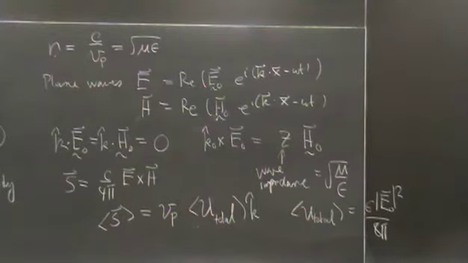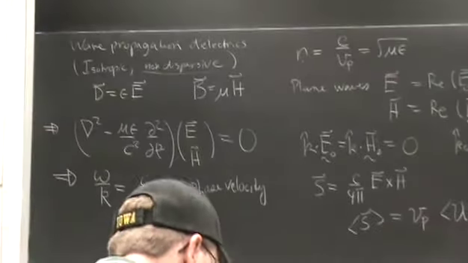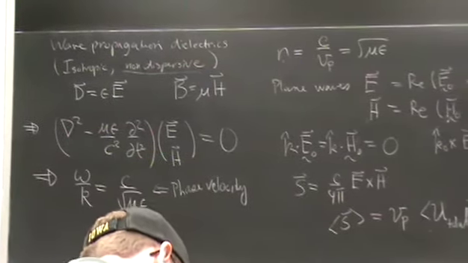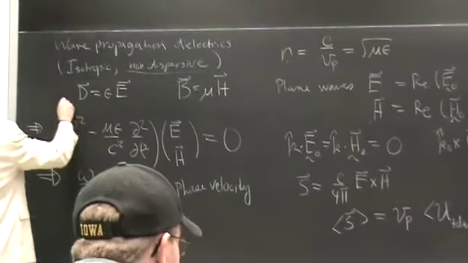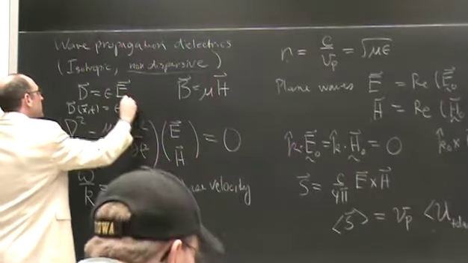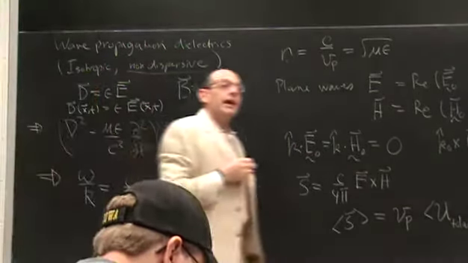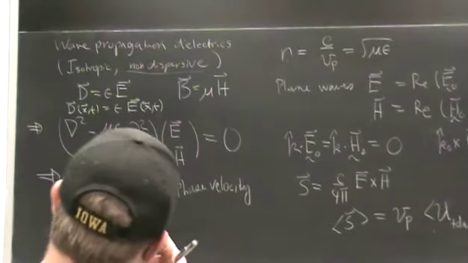All right, so what we want to talk about today is moving beyond this approximation. When I write this expression D equals epsilon E, what I'm saying is that locally at some space-time point, D is instantaneously related to E through epsilon.